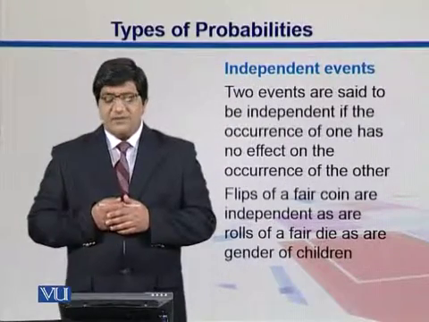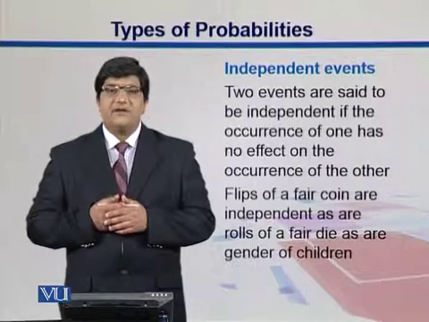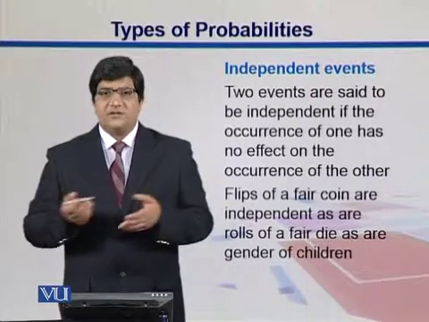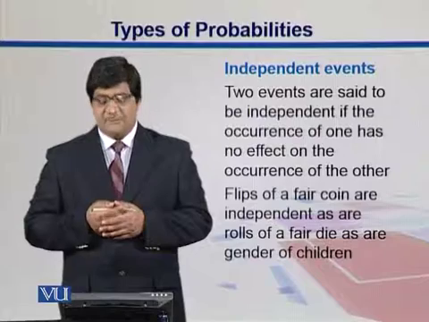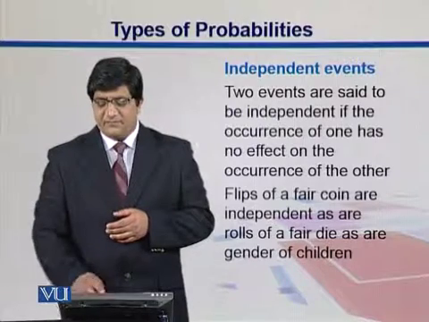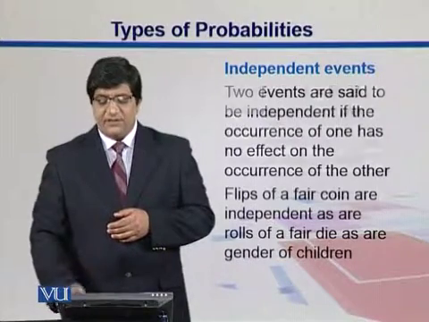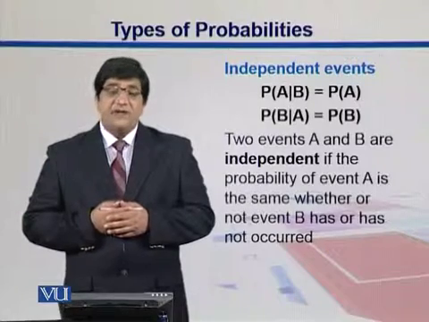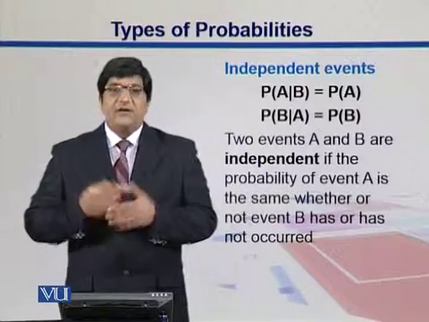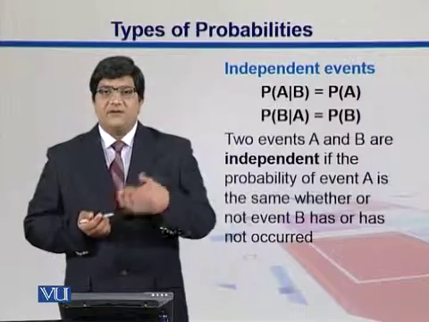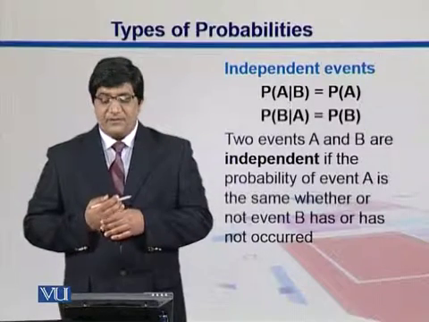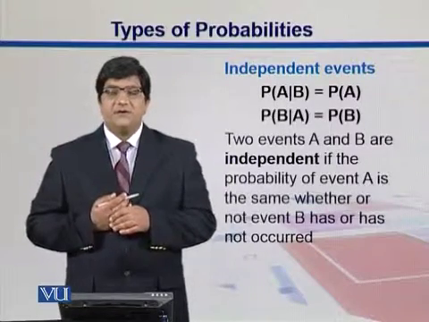Two events are said to be independent if the occurrence of one has no effect on the occurrence of the other. In that case, we call these kinds of events independent events. Examples are here, you can see them. For independent events, P of A given B. As we have seen in the previous one, where we have dependent events, our conditional probability was there.